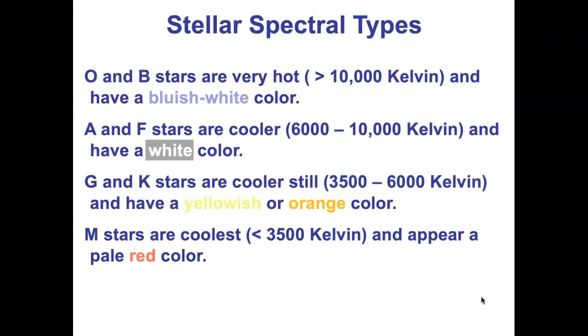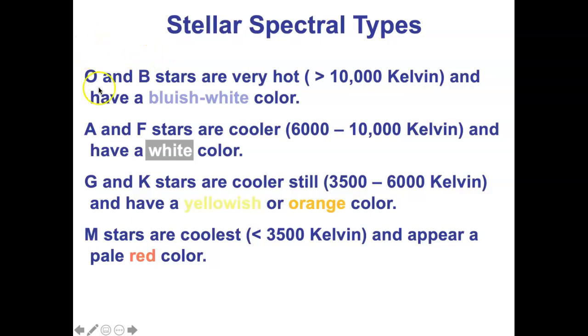And so they went to the file cabinets and they said, okay, which stars are the hottest stars? Well, it turns out the hottest stars in the universe are what they had already been calling O-type stars. So they just took all the O-type stars out of the file cabinets and put them first. And then the second hottest stars are what they had been calling B-type.